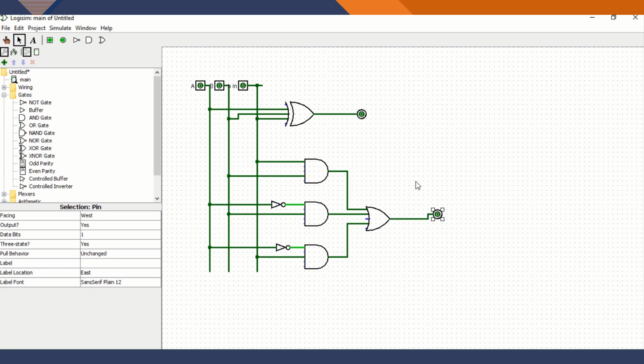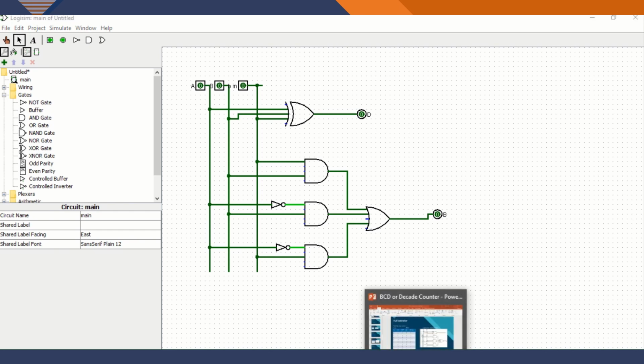Now I am going to put the labels for my outputs. This is output difference D. This is output borrow B. Now I am going to check my truth table.